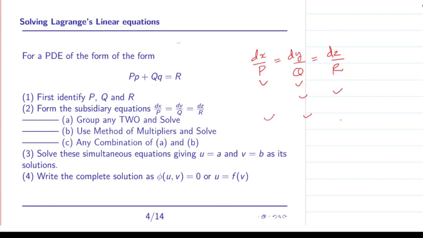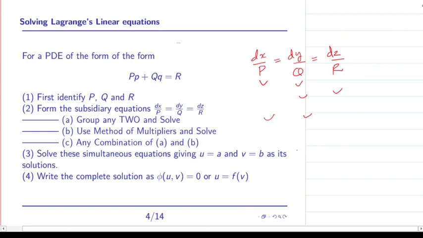In that case, you can use the method of multipliers. We'll discuss the method of multipliers in detail, and also you can use any combination of these. Finally, you have to write the solution as u equal to a and v equal to b. And the complete solution is written as phi of (u, v) equal to 0, or u equal to f of v.